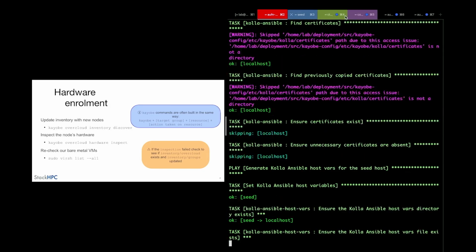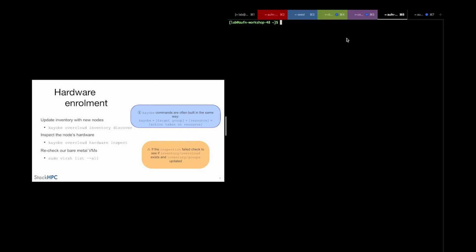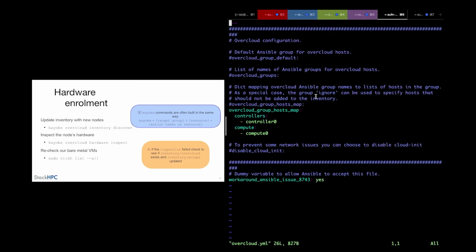So there are a few ways of configuring how we want to deduce discovery. Within, if I just quickly source, there is a file in this case called overcloud.yaml, which will have a set of ways to define hardware that it finds.